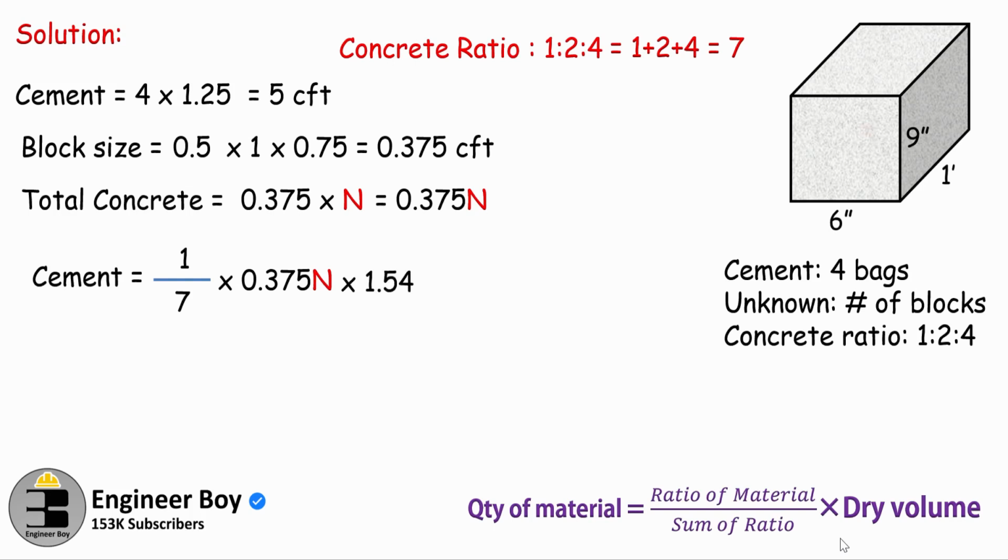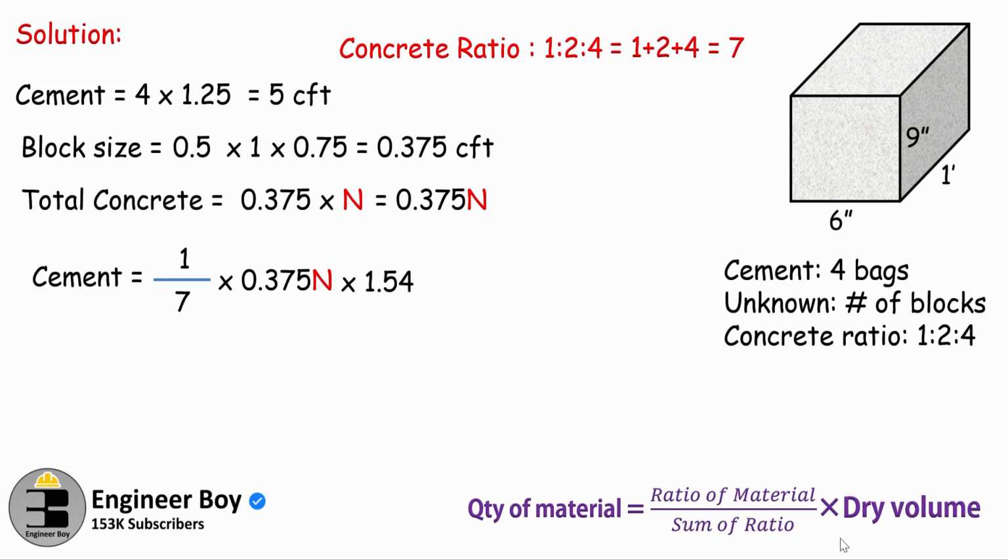Now don't ask me what 1.54 is, because a separate video is available on the same factor, how it comes and what it is. In short, in order to determine the dry volume, we multiply the wet volume with this factor.